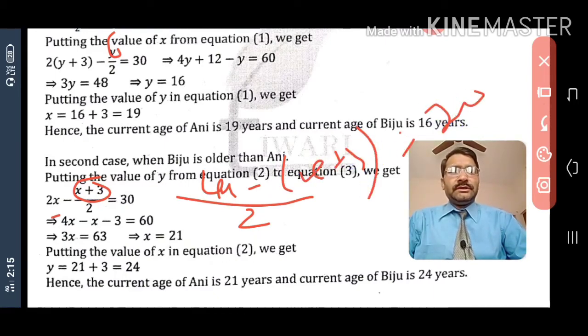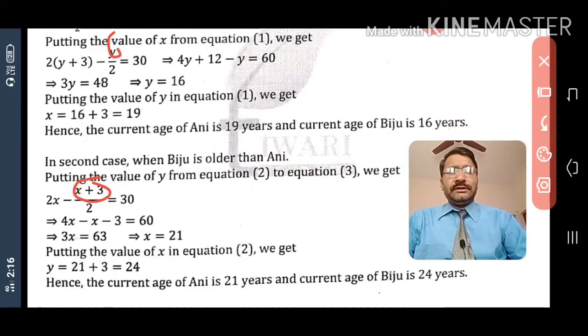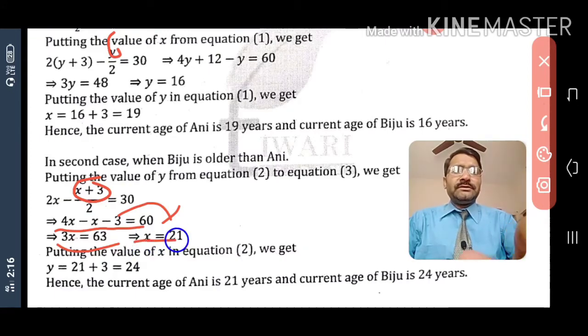You will get 4x minus x minus 3 equal to 60. 4x minus x will be 3x, and 3 you transfer, so you get 60 plus 3, 63. So finally you get x equal to 21.